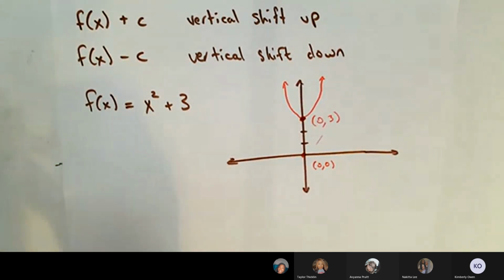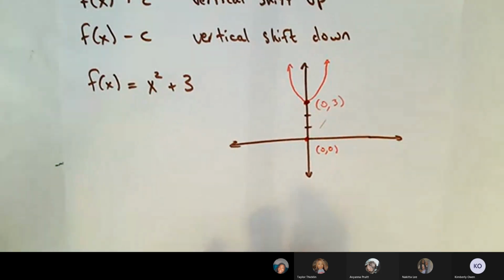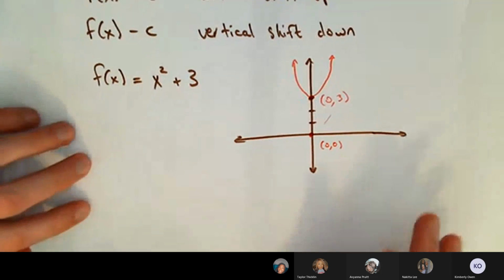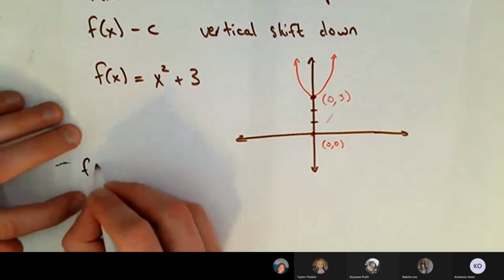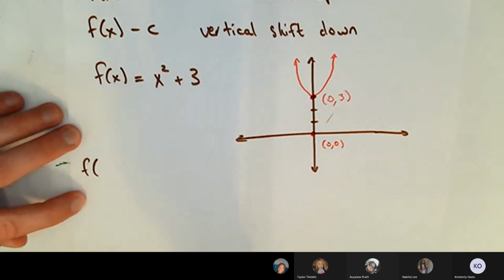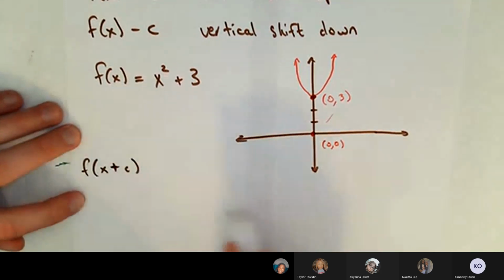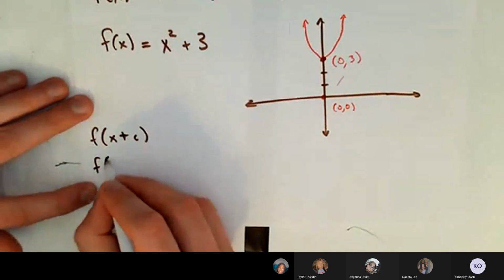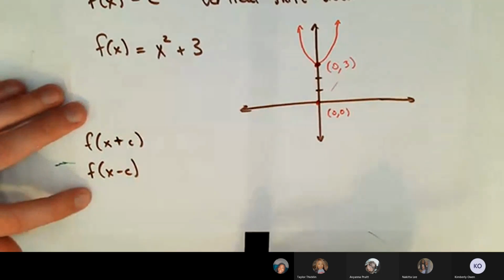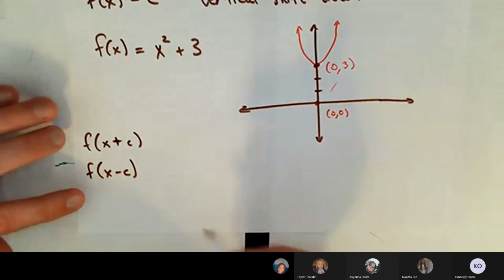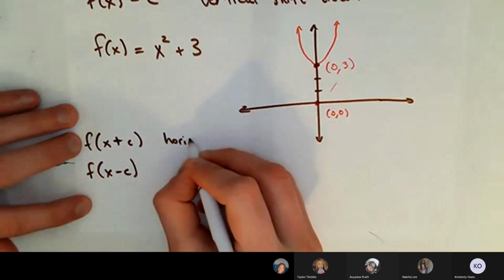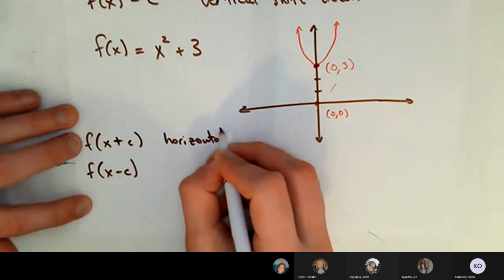I'll give you another example. Actually, before I give you another example, let me say the other class of transformations that I talked about in Wednesday's lecture is that if you add or subtract inside of a function, then that results in a horizontal shift left or right. And things are a little bit backwards here.